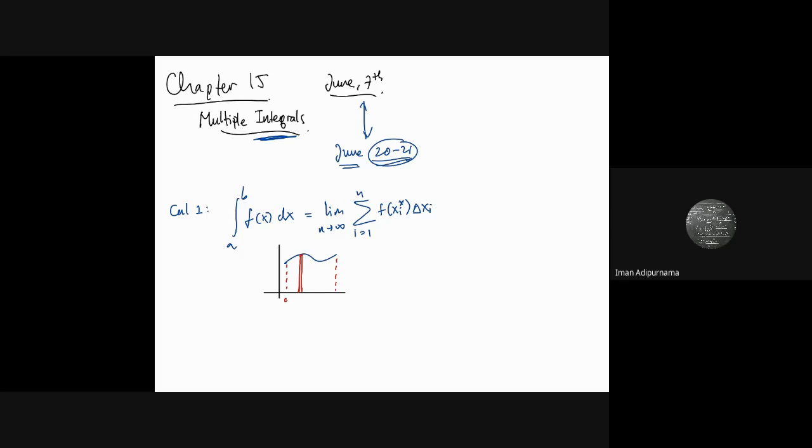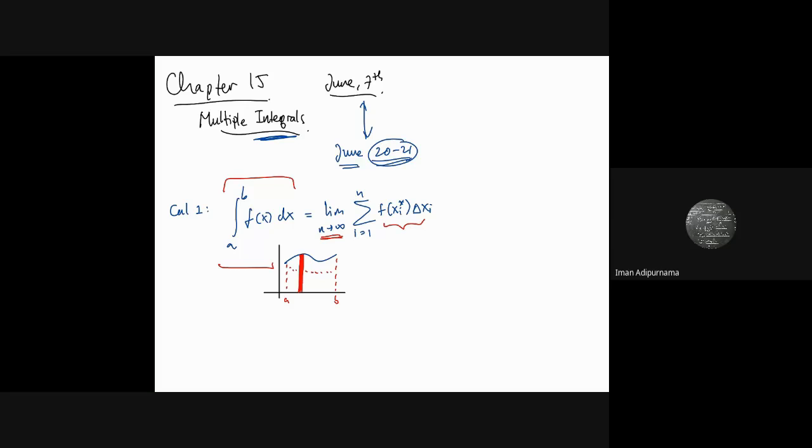So let's say it's from A to B, and you add all these rectangles here. There are a lot of rectangles from A to B, and each rectangle is given by this formula, and you add all those formulas. And when you cut the rectangle into many more pieces, imagine the cutting approaching infinity, and in that way we can define our integrals.